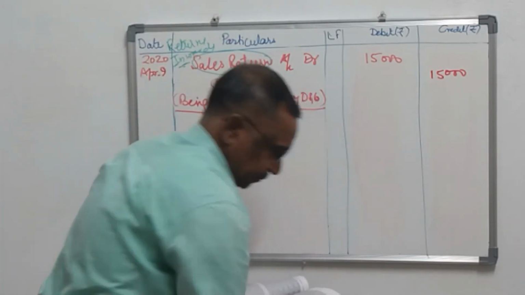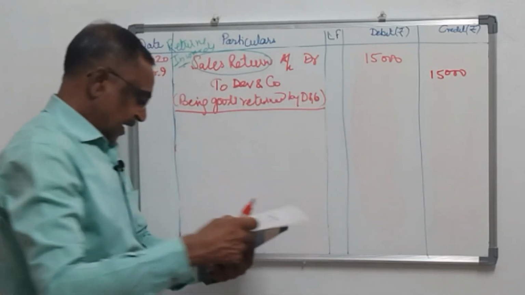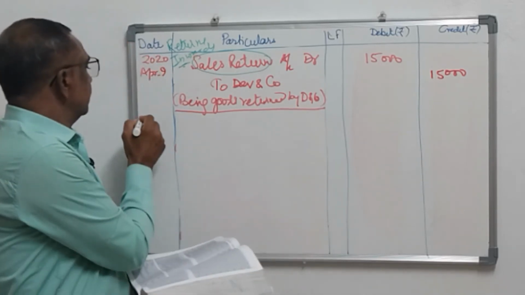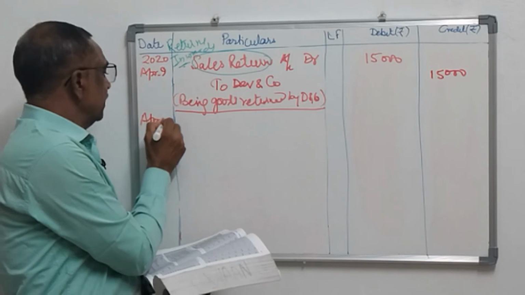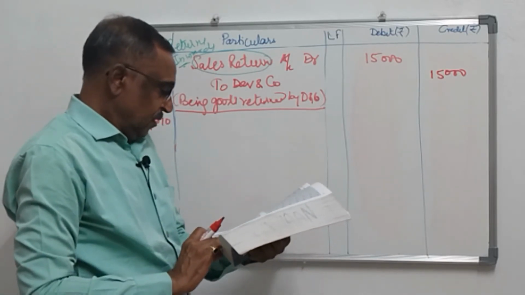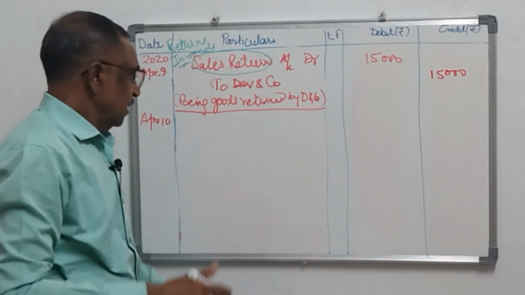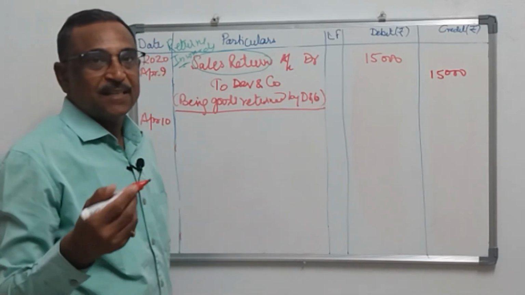Now the next transaction takes place on 10th of April. April 10. Goods returned to Prasad and Company 8,000. Now you are returning goods to Prasad and Company.